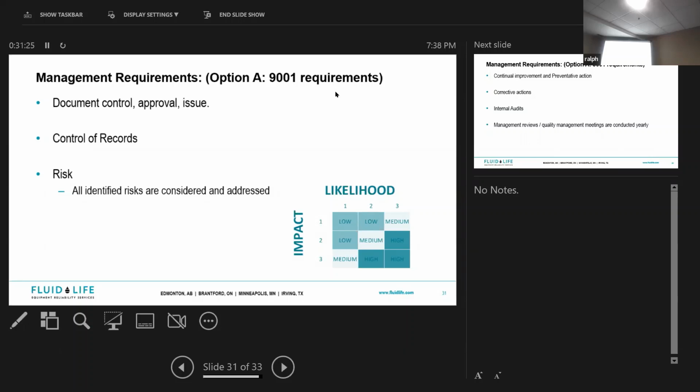Risk, all identified risks are considered and addressed. This is a new part of ISO 17025 when they came out with the 2017 version. Risk was in there because most labs will have some sort of risk assessment for a bunch of stuff.